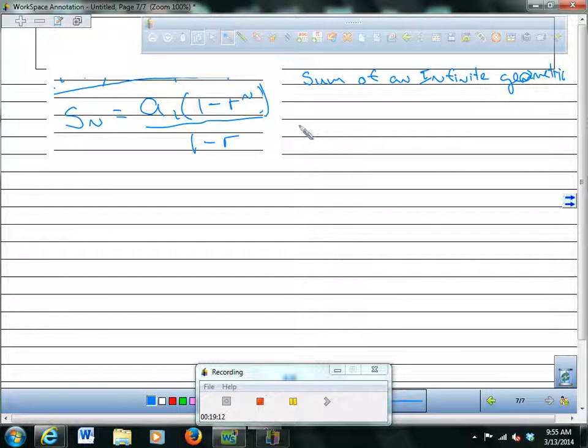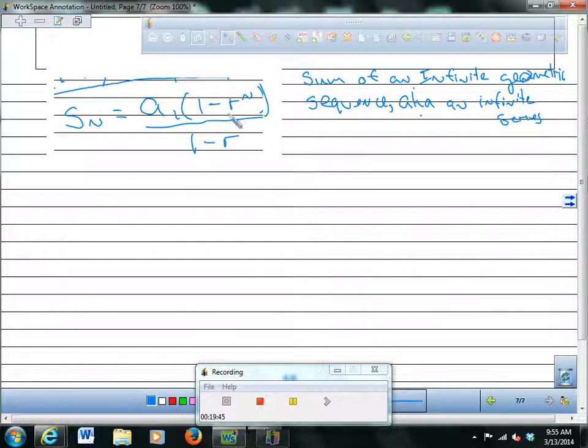A geometric sequence, also known as an infinite series, because you're adding them all up forever. An infinite series is given by the formula.